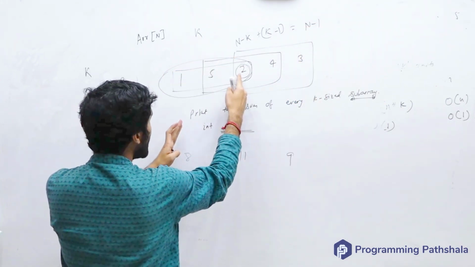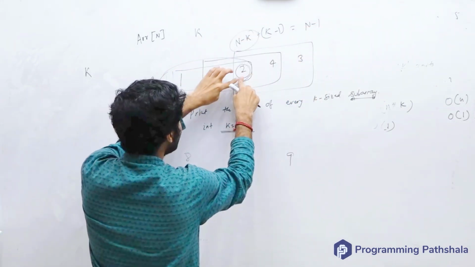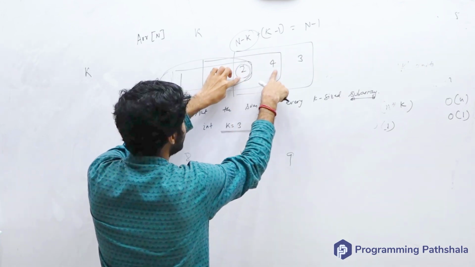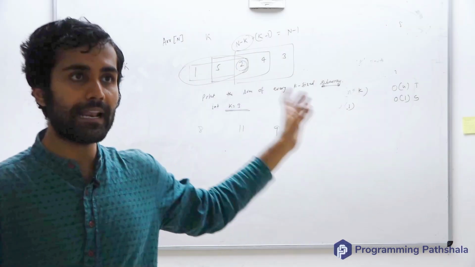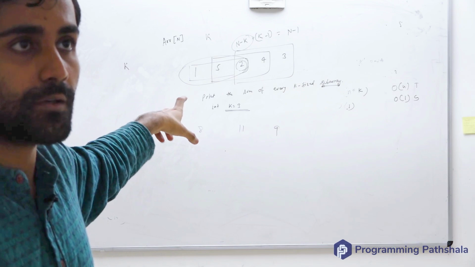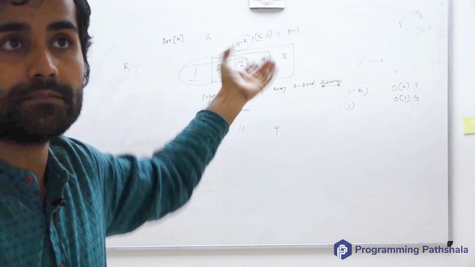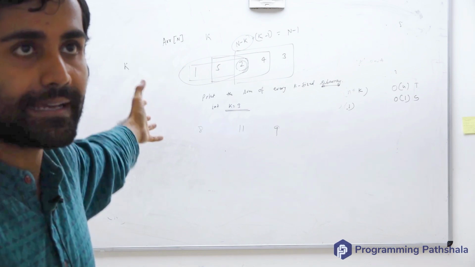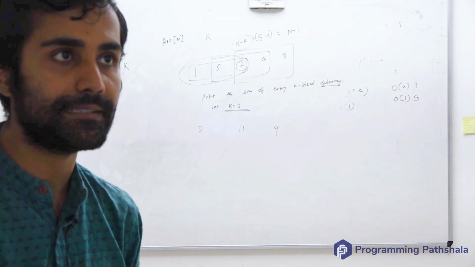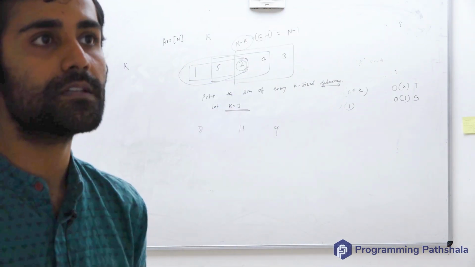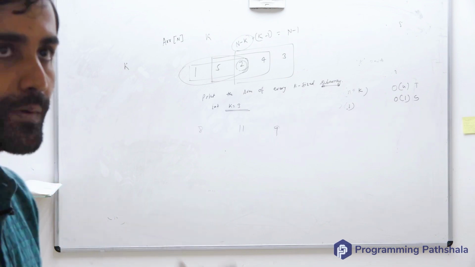So there cannot be a starting index which is after n minus k. So the last subarray of size k will have its starting index as n minus k. So from index 0 to index n minus k, how many terms are there? N minus k plus 1. So you are going to get n minus k plus 1 subarrays.